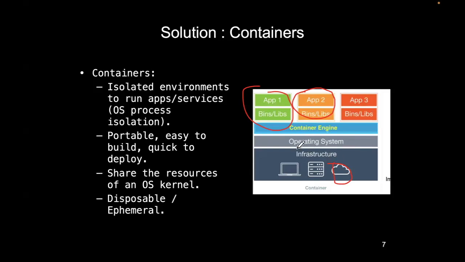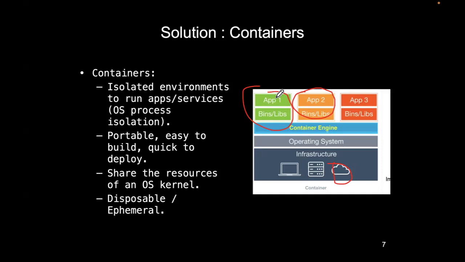The nice thing too about containers is that they are very quick to get up and running. So what tends to happen is if a container crashes, then we just delete it and recreate it, and that can happen in a matter of milliseconds.